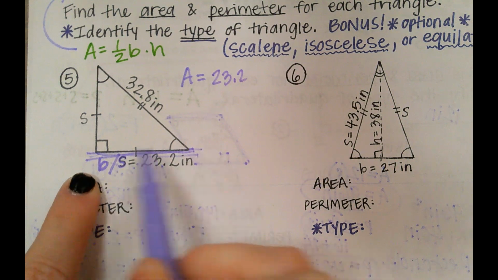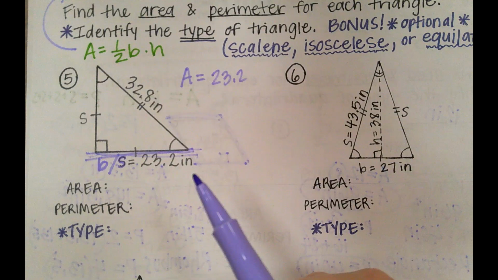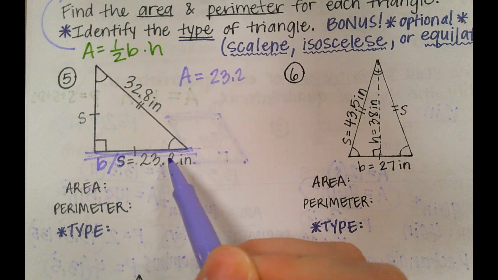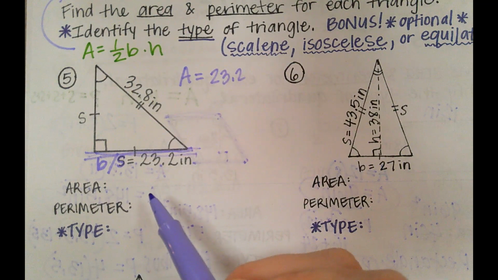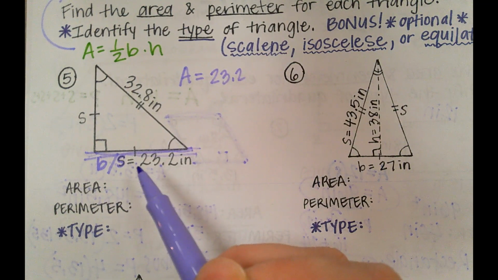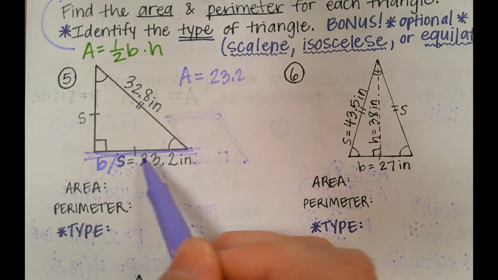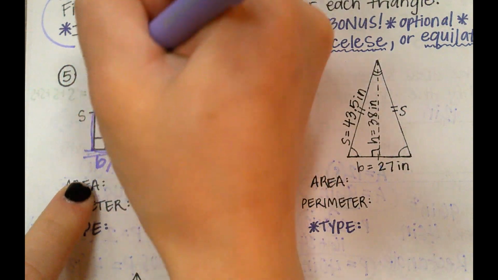Now, knowing that this is the base and knowing that the height has to be 90 degrees from the base, how would I find my height? Because it's actually not labeled. My height would be the exact same thing. How do you know that? Yes, the height is going to be this side right here.